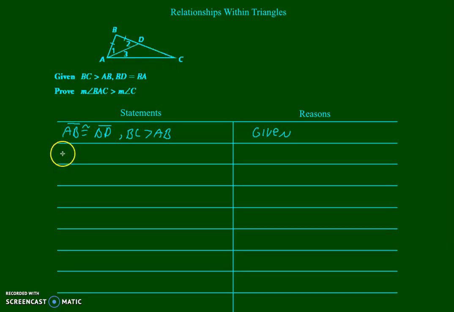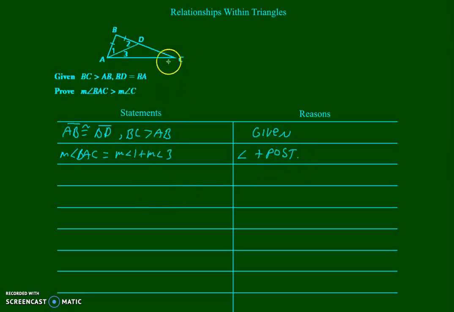So we can say the measure of angle BAC equals the measure of angle 1 plus the measure of angle 3. This is the angle addition postulate.